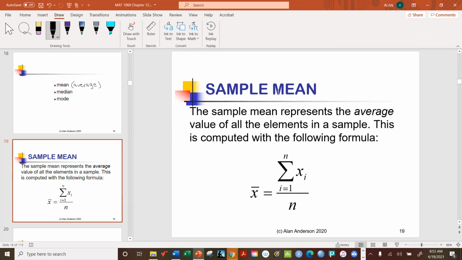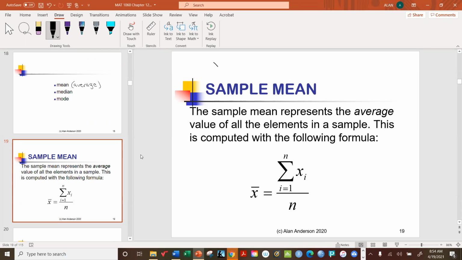When we're done with this, by the way, we're also going to introduce a formula for a population mean. So for this case, we will need two separate formulas, one for samples and one for populations. Now, here's the big question. What do all these symbols represent? Now, you may have seen these before, and maybe you have not.